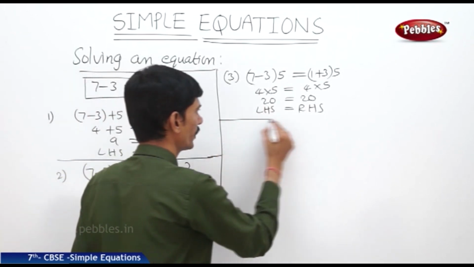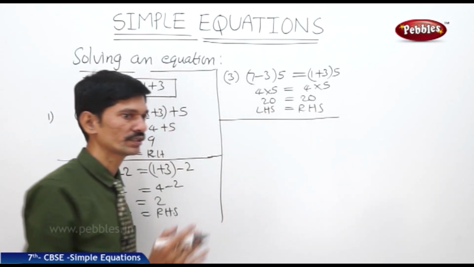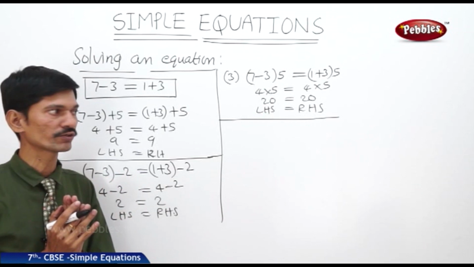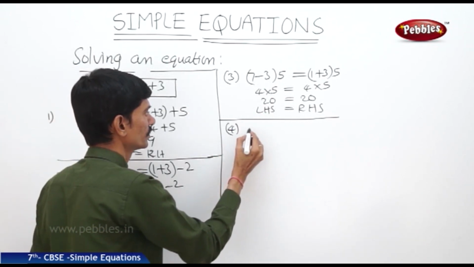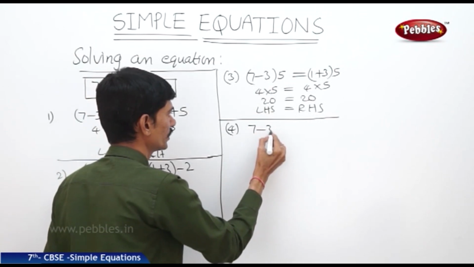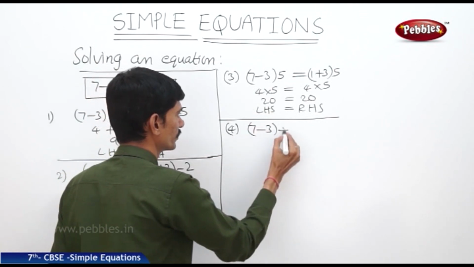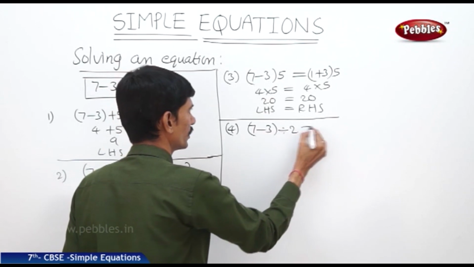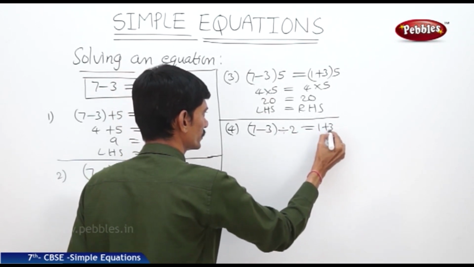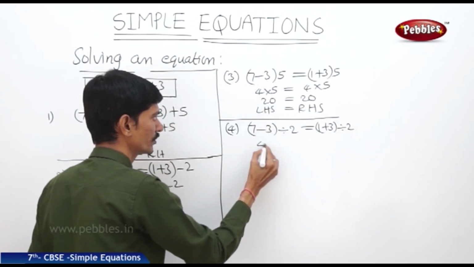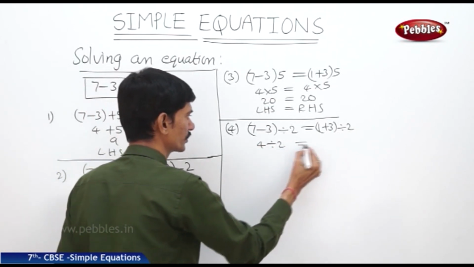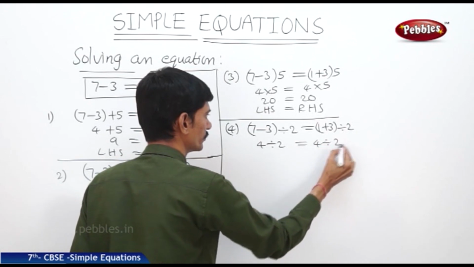Now let us divide both LHS and RHS by the same non-zero number. So then what will happen? Let us see now. Fourth one, 7 minus 3 is divided by 2, and the RHS 1 plus 3 is also divided by 2. Now 7 minus 3 is 4 divided by 2, this equals 1 plus 3 is 4 divided by 2.